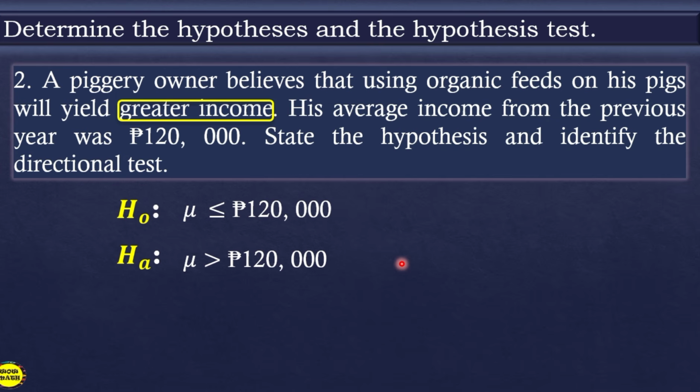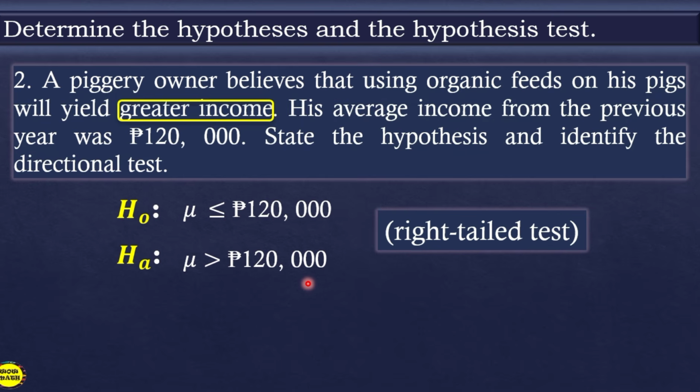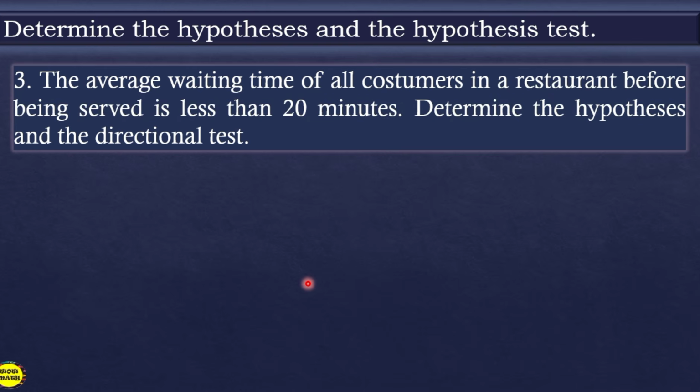So, anong klaseng one-tailed test? Since greater than yung symbol na ginamit natin, kapag greater than yung alternative hypothesis, ito ay right-tailed test. Okay? Next.